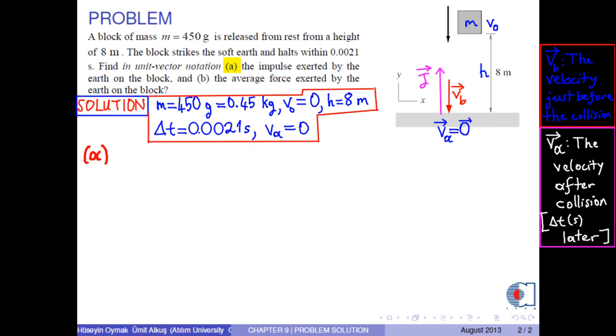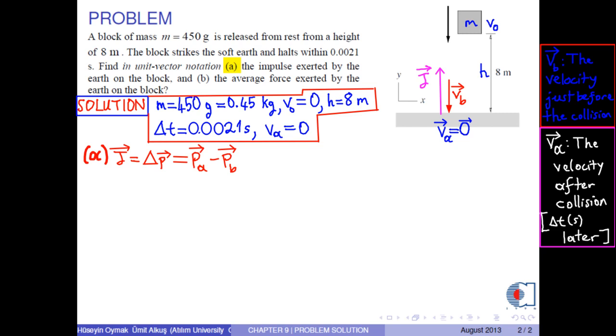The momentum impulse theorem states that J, the impulse exerted by the earth on the block, equals the change in the momentum of the block. That is, momentum after the collision minus momentum before the collision.